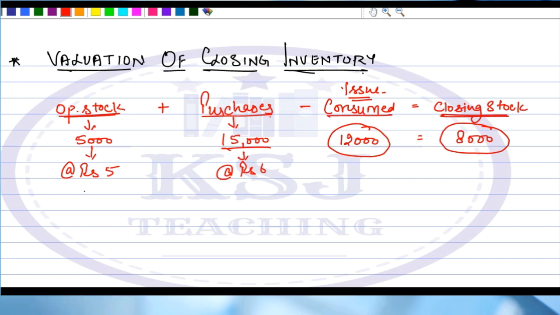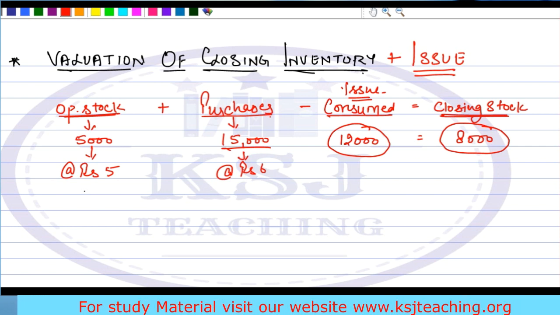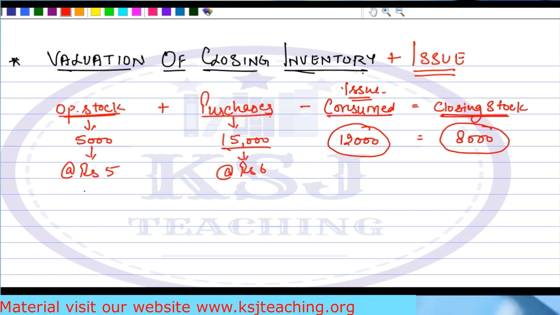So this is how we'll find the closing inventory, plus the issue also. Whatever raw material you are issuing to production, at what rate you are issuing, and whatever is left is the closing inventory. What is the value of that closing inventory?